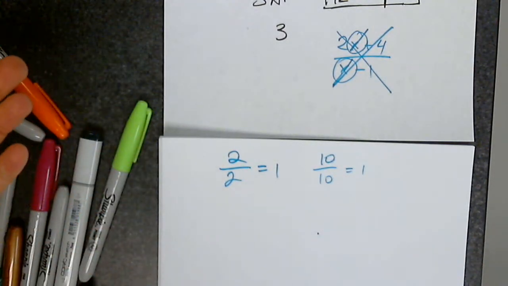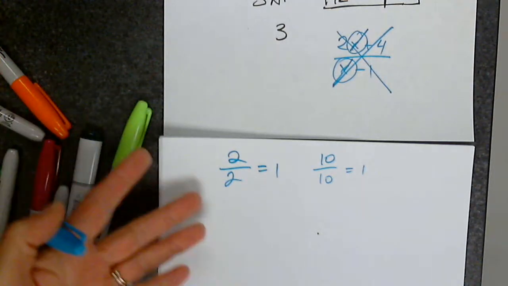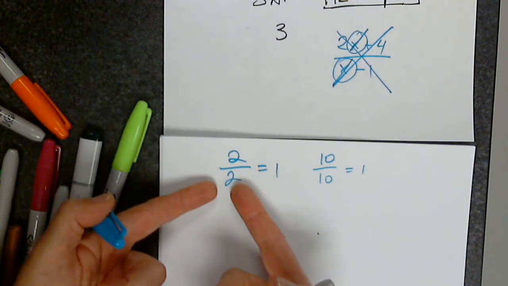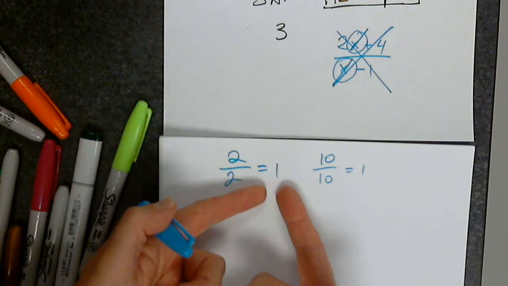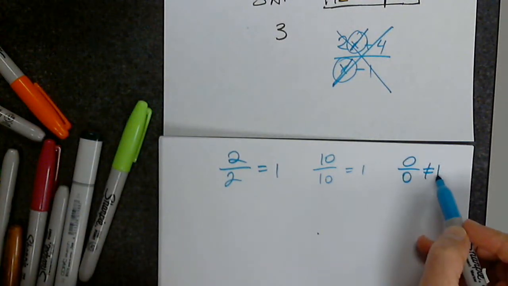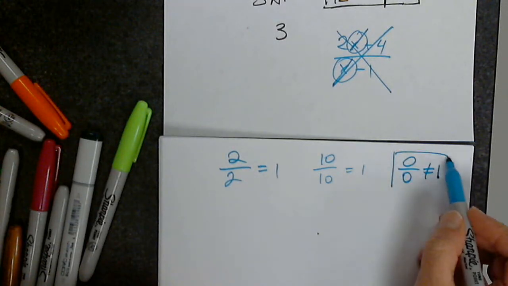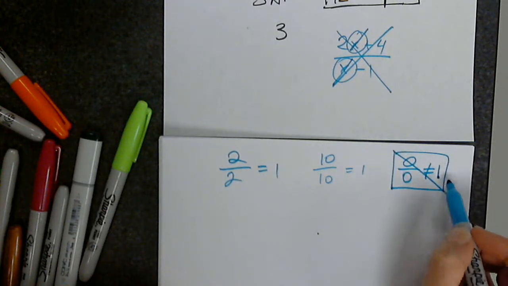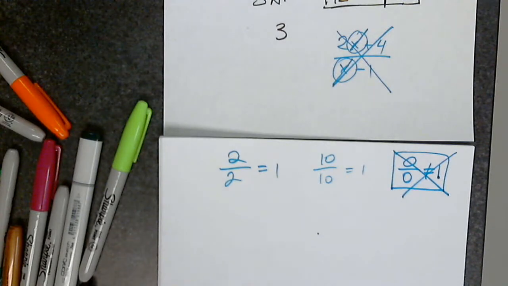Do I have to state a restriction here? No. 2 is not 0. 2 divided by 2 is 1. 10 divided by 10 is 1. 0 divided by 0 is not 1. So you have to wait till calculus for this. So do not ever say that 0 over 0 is 1. That's an indeterminate case, so we cannot discuss that.